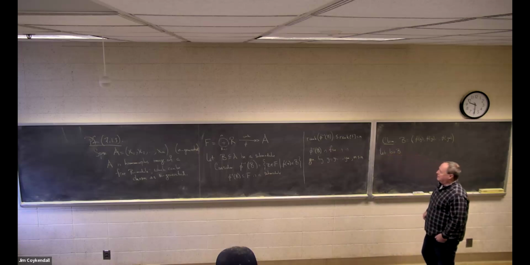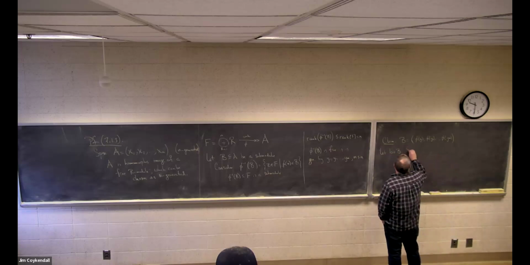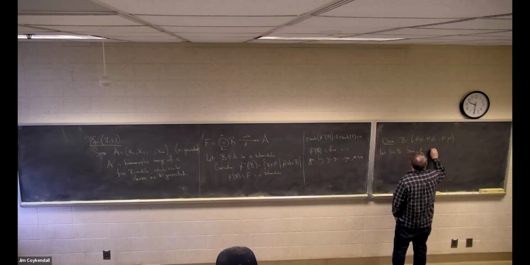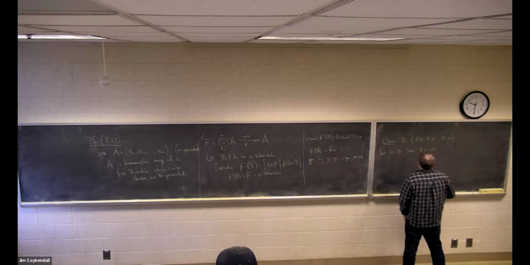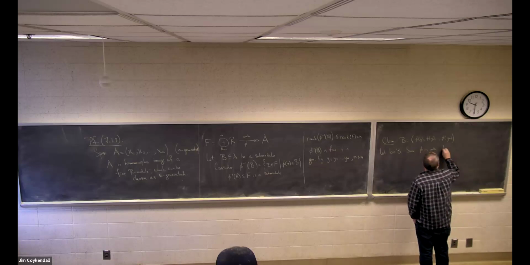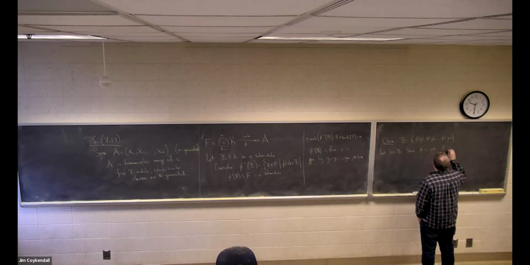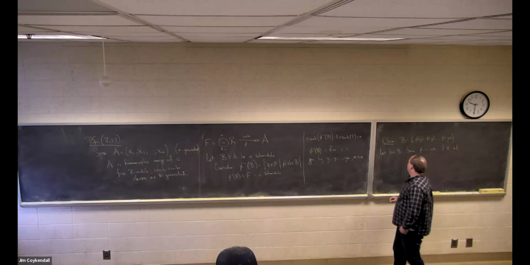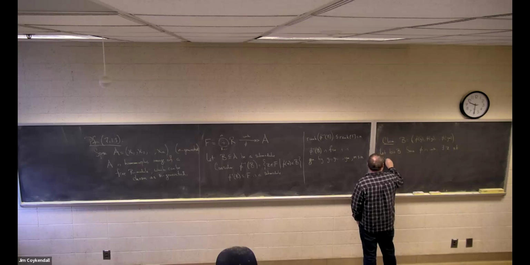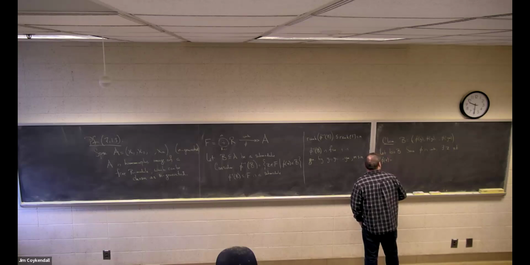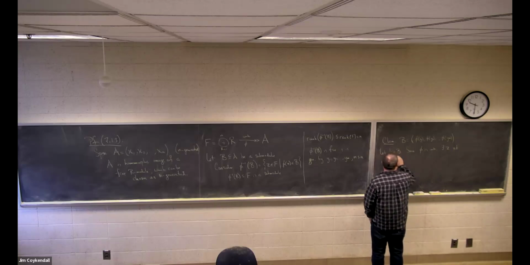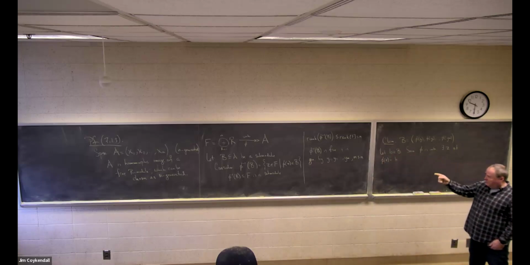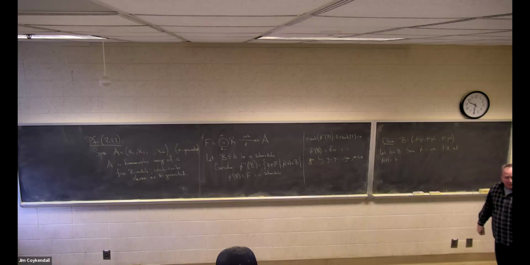Let b be in B. Since the homomorphism is onto, there exists z such that P of z equals b.